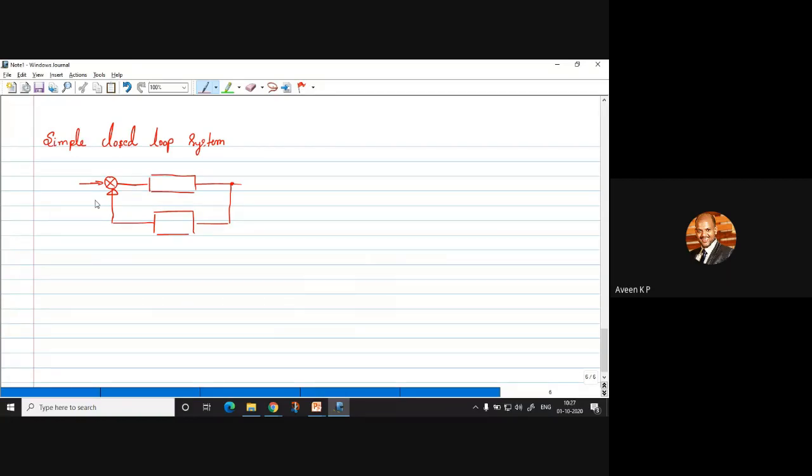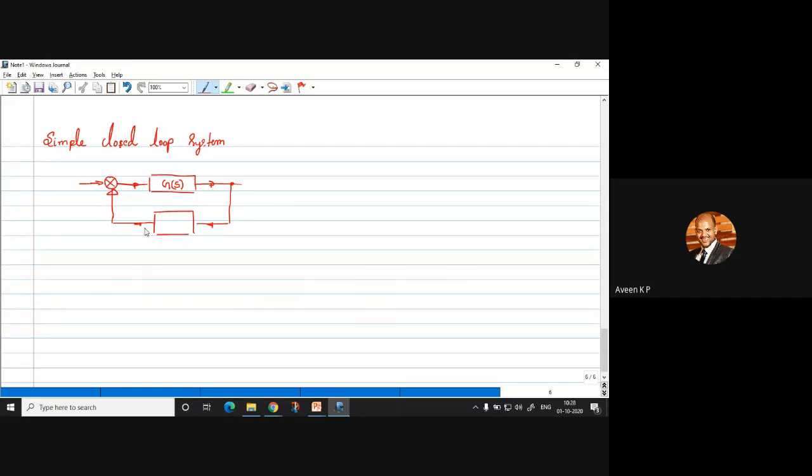A block diagram in which the forward path, as I specified, will contain only one block. You can see in the forward path, we have only one block. I will represent this as G of S. And in the backward, that is the feedback path, you can call this as forward and this as feedback, you will have one more block.